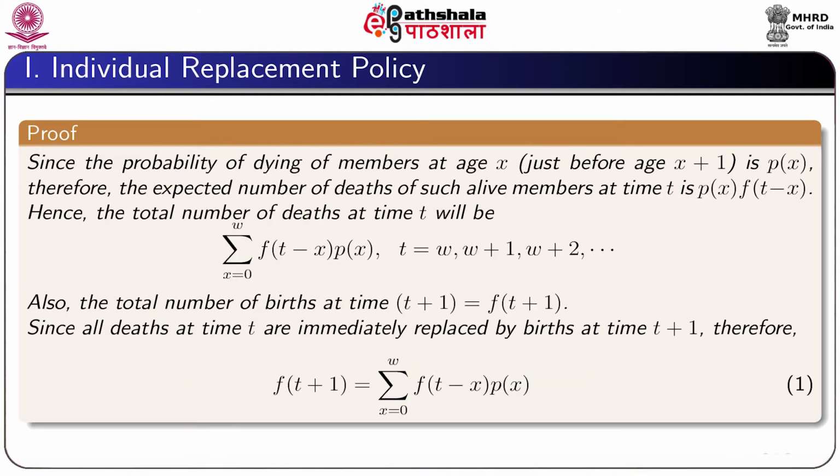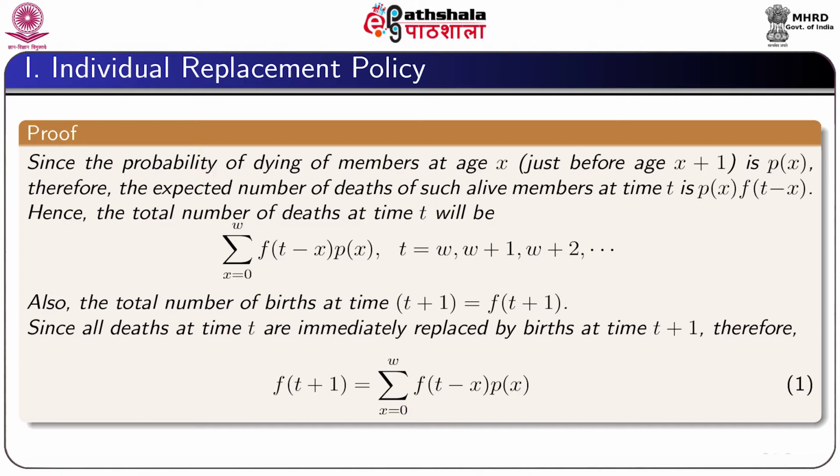Since the probability of dying of members at age x is p x, therefore, the expected number of deaths of such alive members at time t is p x into f t minus x.